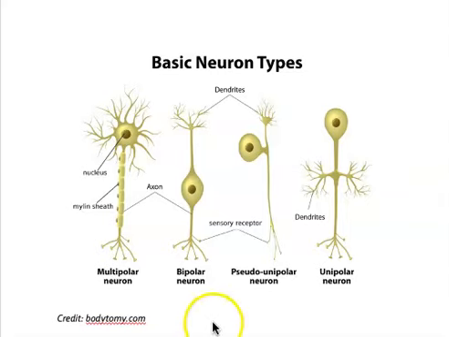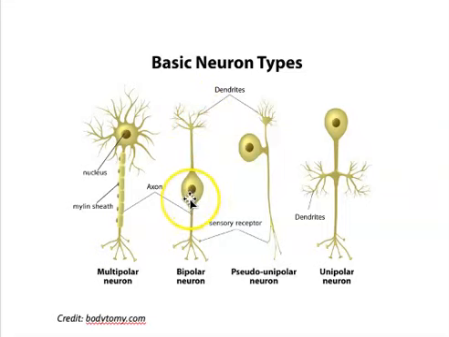Now I want you to look at the cell that's sitting next to it. This cell looks very different from what we've been talking about so far. Instead of seeing dendrites emerging right off of the periphery of the cell body, instead we see a single membrane extension that then branches into dendrites.